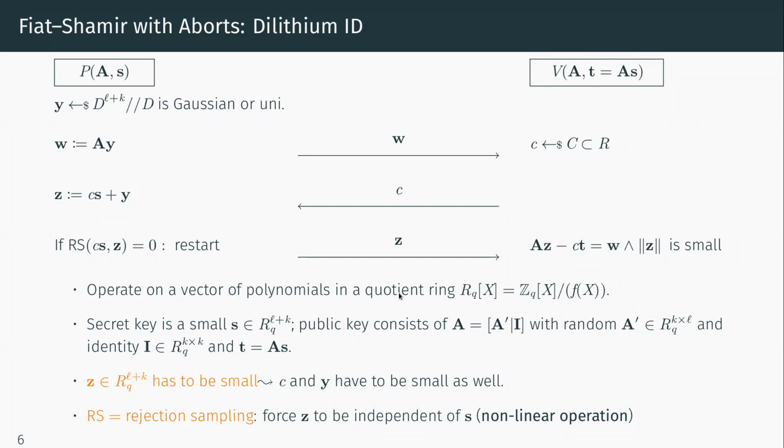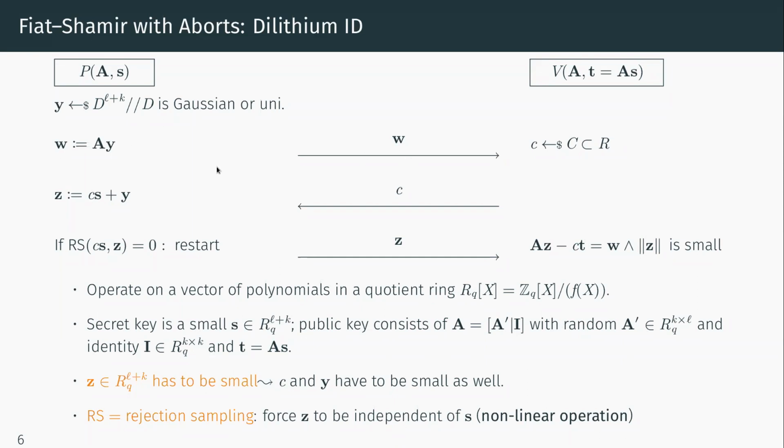The secret key is some small ring element, and the public key is some random matrix concatenated with an identity matrix. This means that we actually work in Hermite normal form.